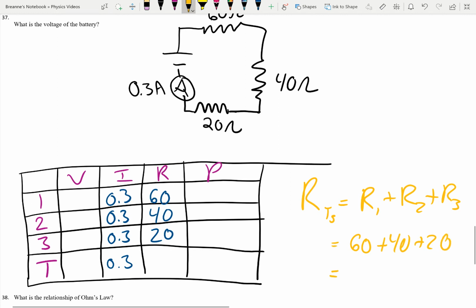You can just use your Schoology calculator for that. So it would just be 120 as your total there. So your total resistance is 120.